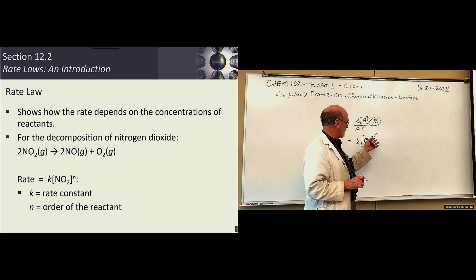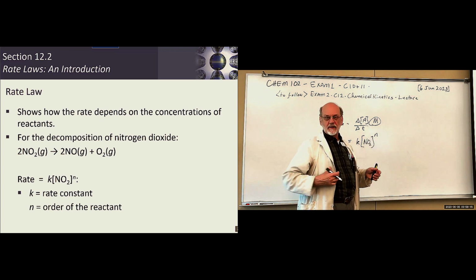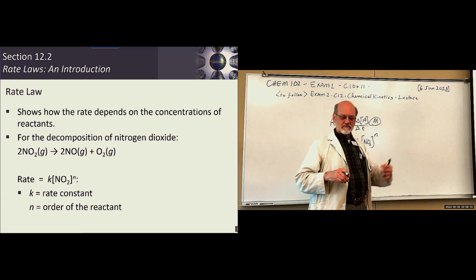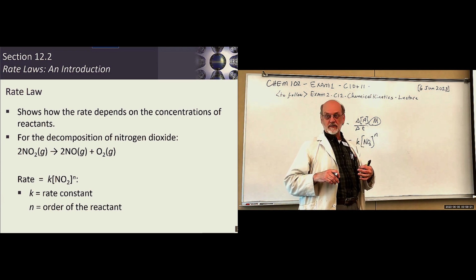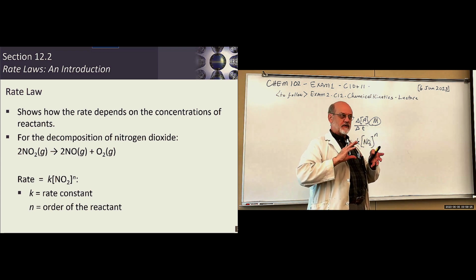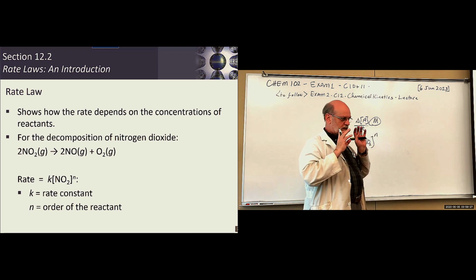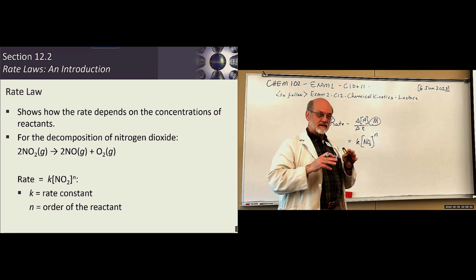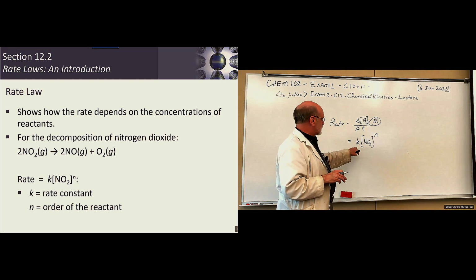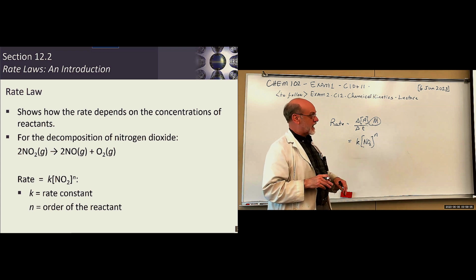It could be a decimal fraction of some kind. But for convenience and for beginners, we start off with whole numbers, because then it's easier to describe various conditions that predominate with the different values here. And it's easier to determine the k for these reactions.